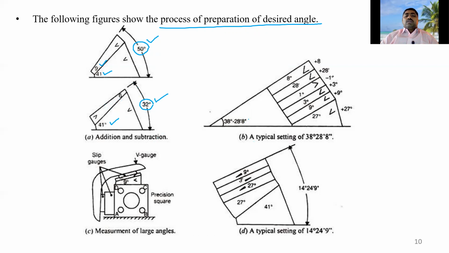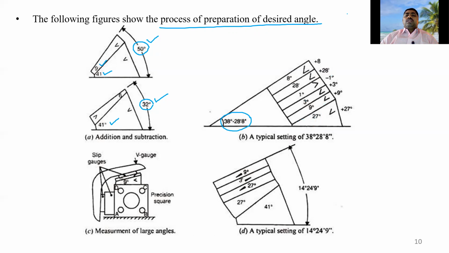These angle gauges can also be used for setting other angles. Let us say I want to set the angle 38 degree 28 minutes 8 seconds. Here there is no 38 degree angle gauge. We have a 41 degree angle gauge and a 27 degree angle gauge.